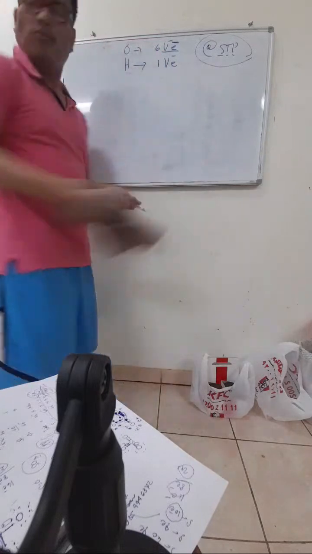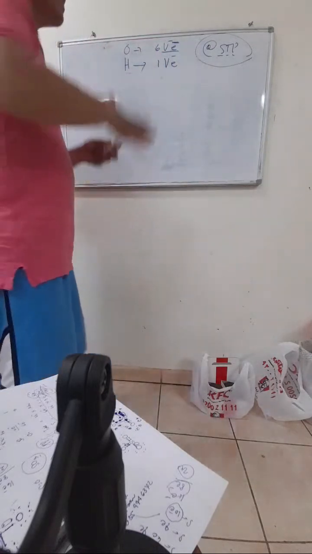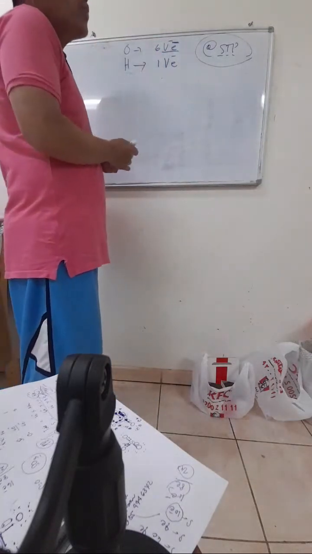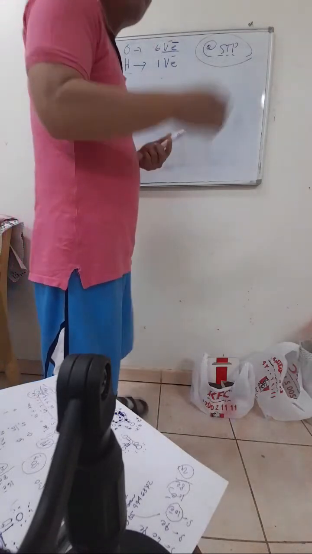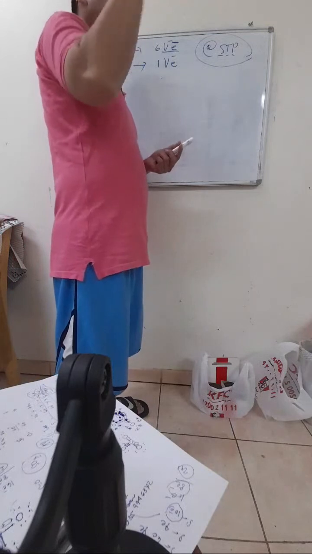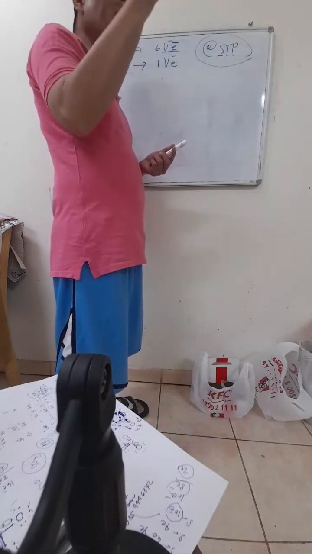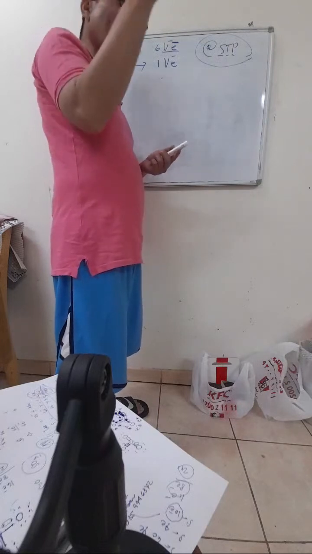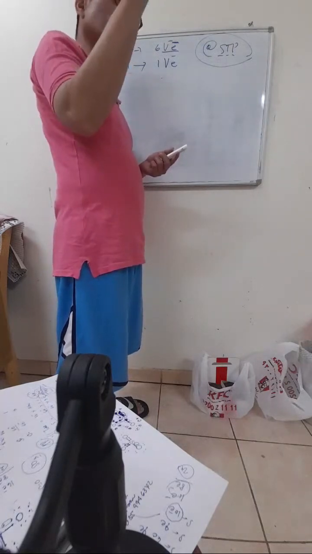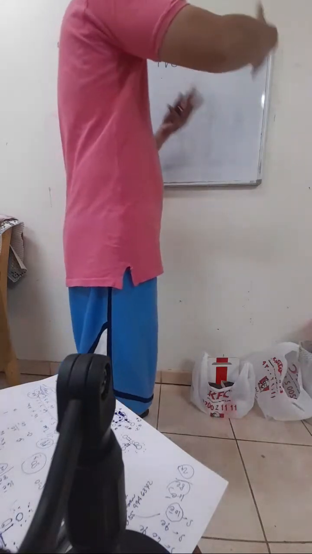Okay, as I said, water, right? Now, before you draw the Lewis diagram, it will be based on the dots. Dots, D-O-T-S. The dots there are the valence electrons. Again, the dots there are the valence electrons based on the group in the periodic table.